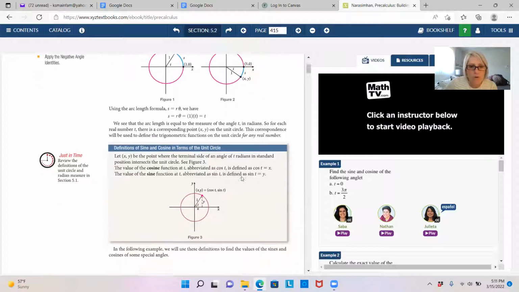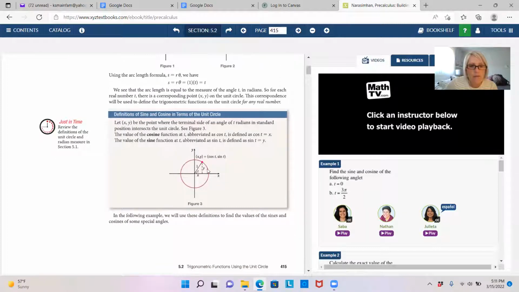And so what we're doing is we're basically forming right triangles using the angle coming out from the vertex here, the 0, 0, our x-axis and our y-axis here. And so when it comes out from there, starting at the x-axis and going up, it's creating this angle. And that radius going out is 1.